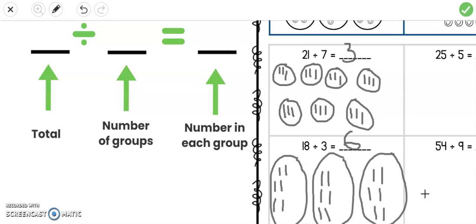With multiplication, I can draw the picture right away, and then I have to go back and count all of the items. With division, I'm forming my picture as I work, and at the end, I just have to count how many items are in one group. So even though the picture for multiplication and division looks the same, the way I get to that picture is the difference.